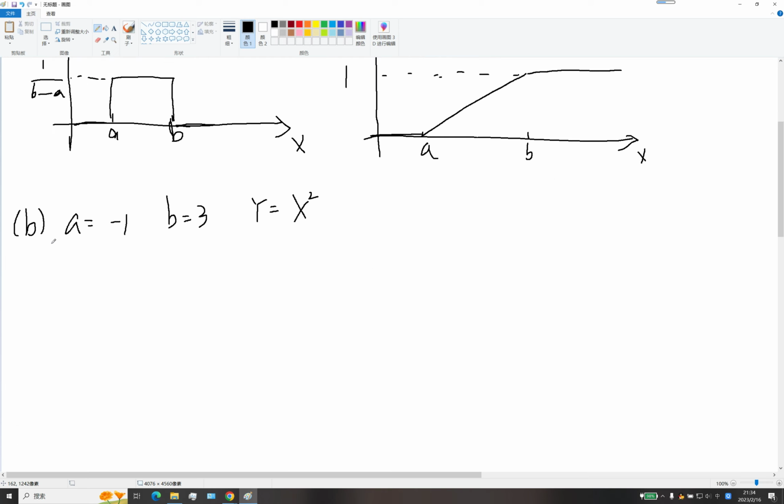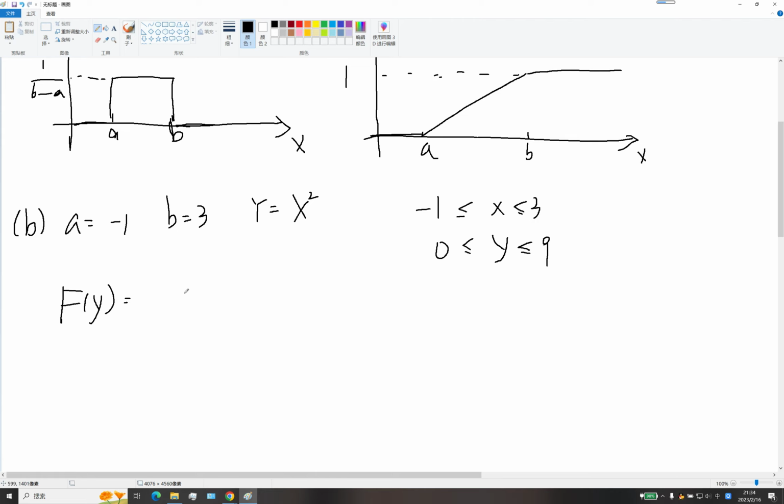Now, we know that when x is larger than -1 and smaller than 3, then we can get y is larger than 0 and smaller than 9, because Y equals X squared. So we do the big F_Y first.